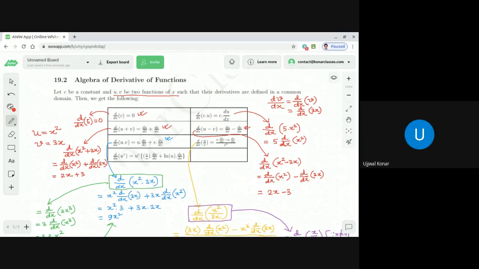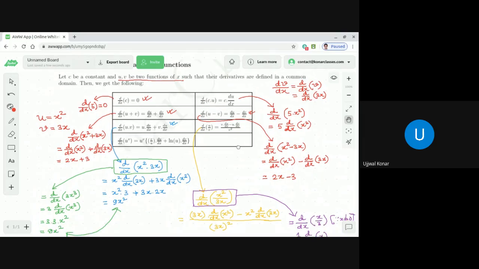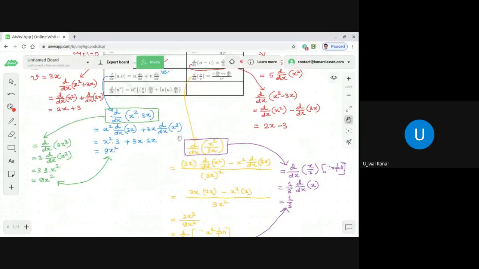Then the next formula is d/dx of u power v. As you see here, d/dx of u power v is u power v into v by u into du/dx plus ln u into dv/dx.